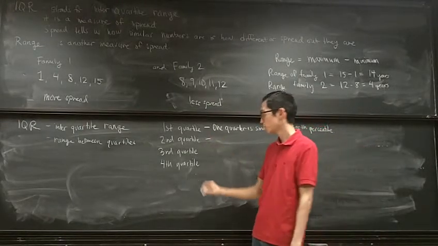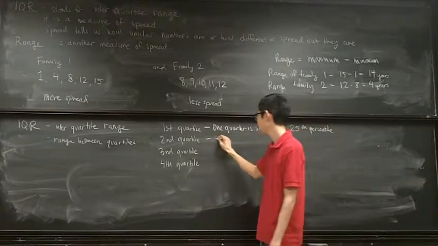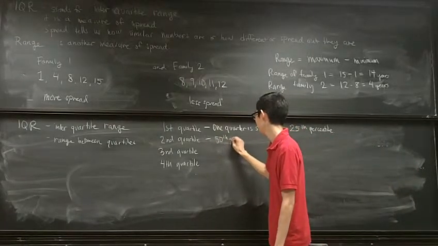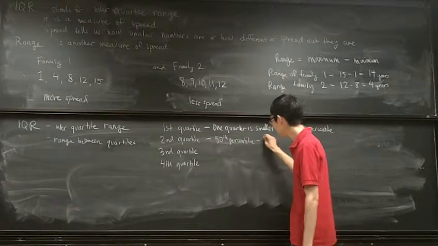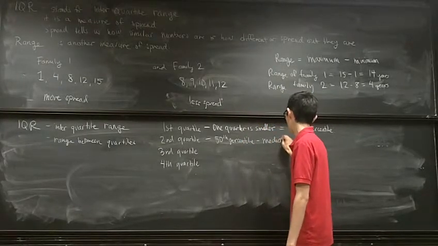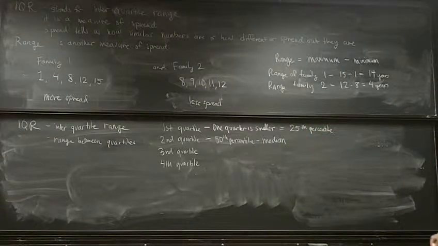Okay? So what is the second quartile? Second quartile is the 50th percentile, and there's another name for that. The median. Okay? So the second quartile is the median.